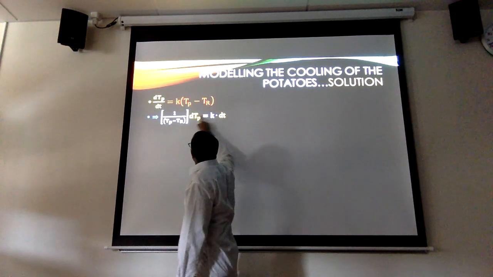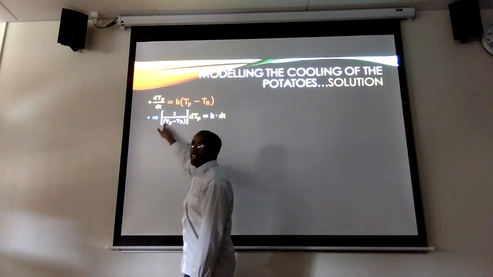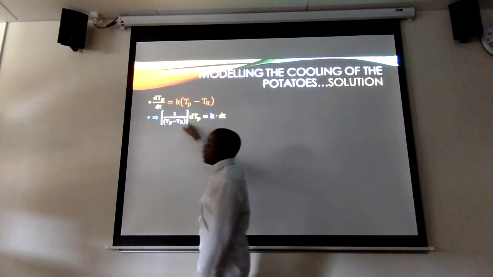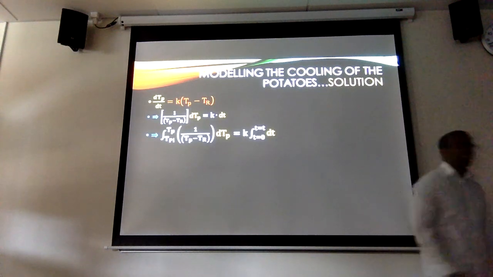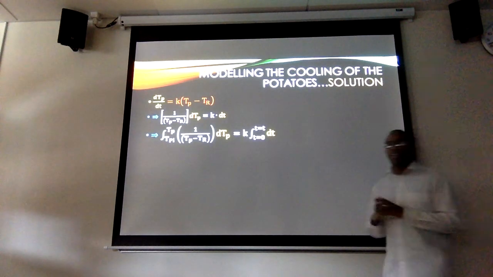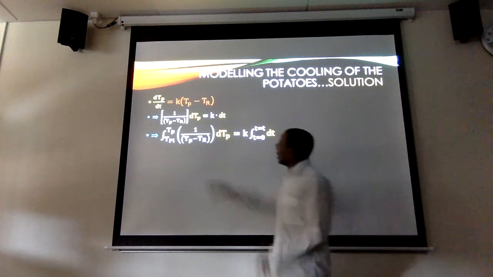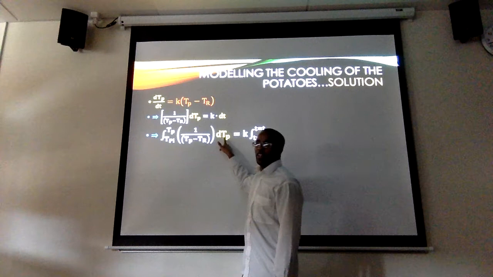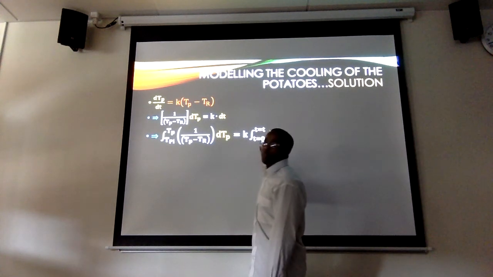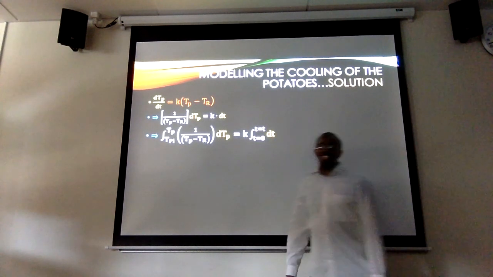Then here you get 1, they cancel each other out, and here you get 1 over Tp minus Tr. Next step is you integrate it. Here you integrate with respect to the product temperature, and here you integrate with respect to time. Well, this is confusing.